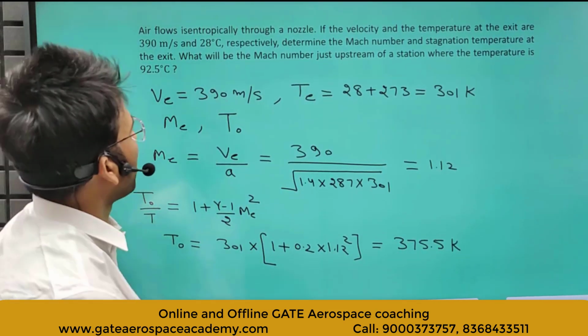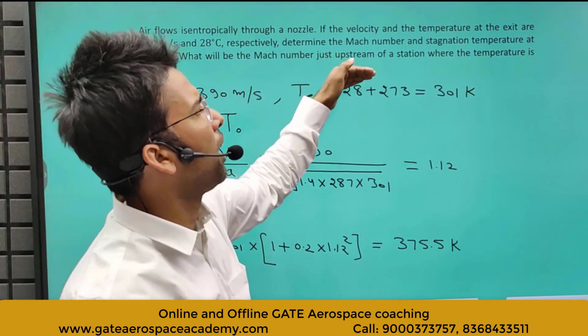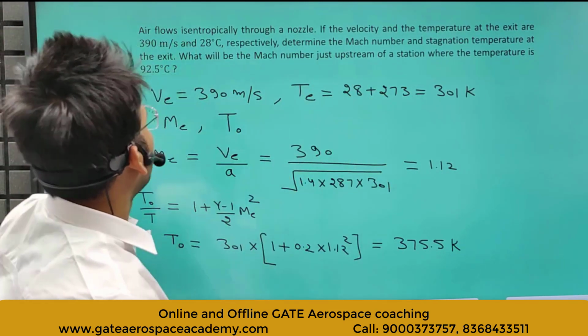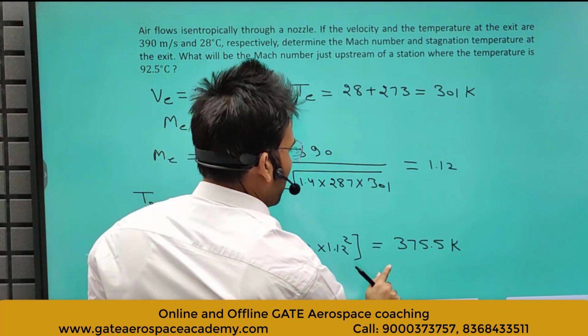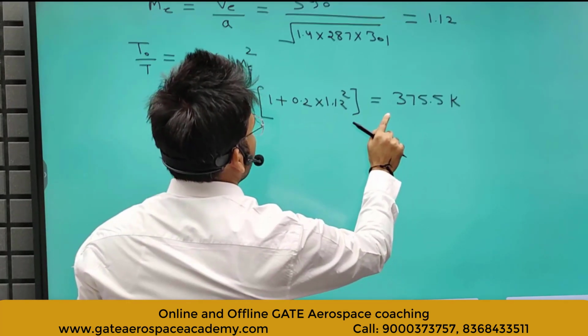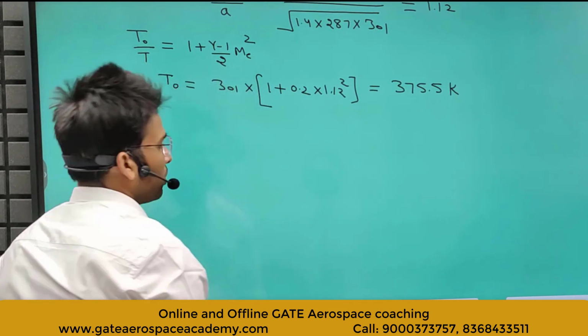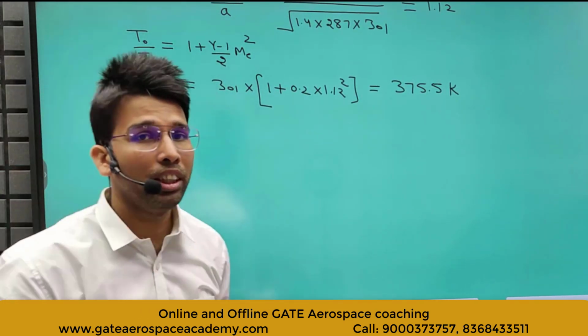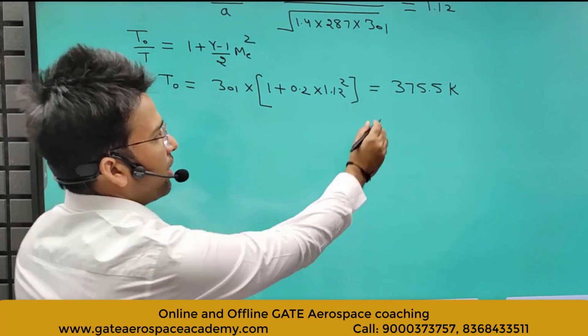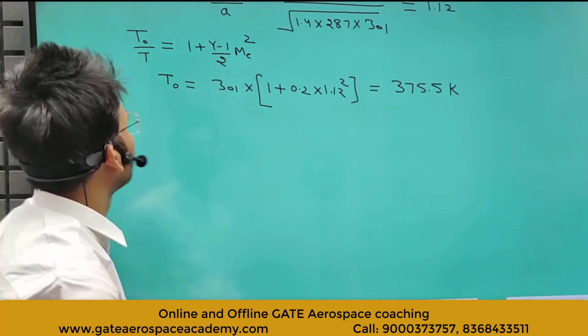Right. Now they are asking what will be the Mach number just upstream of the station where temperature is 92.5 degrees Celsius. So we got T naught, right? We also know that T naught remains constant at each and every point. So at that location also T naught will be 375.5 Kelvin.